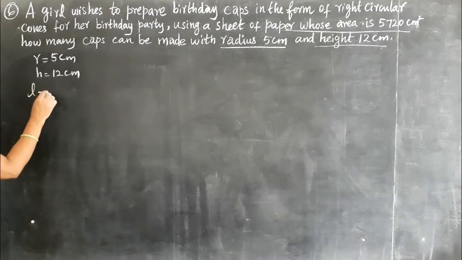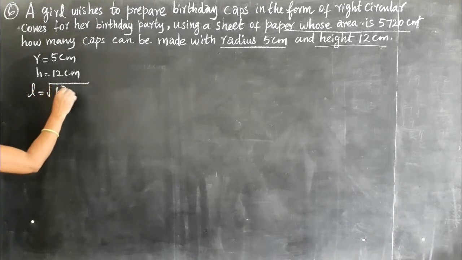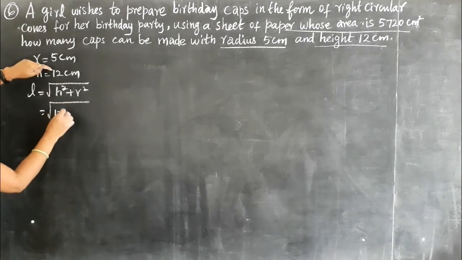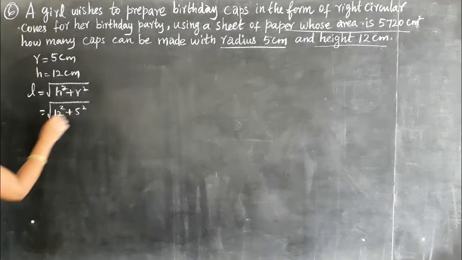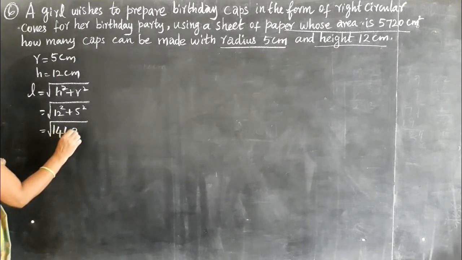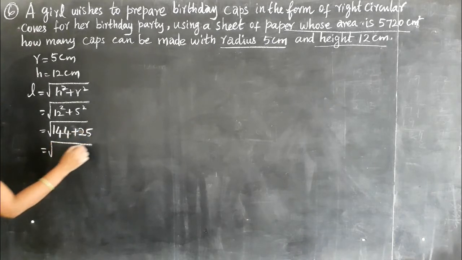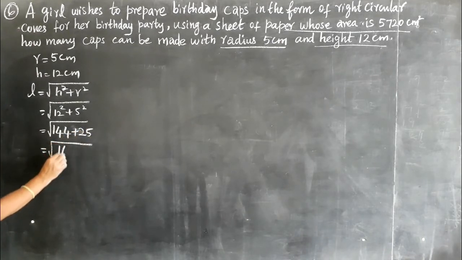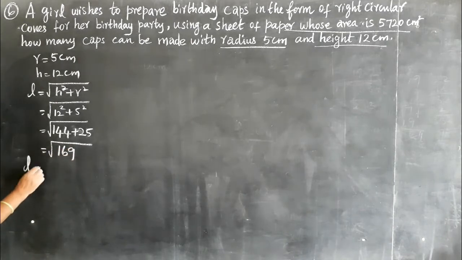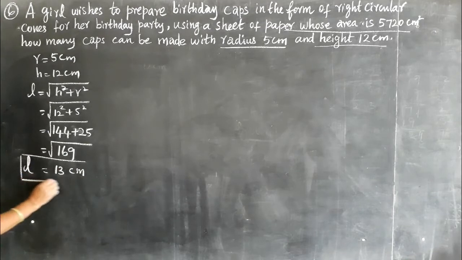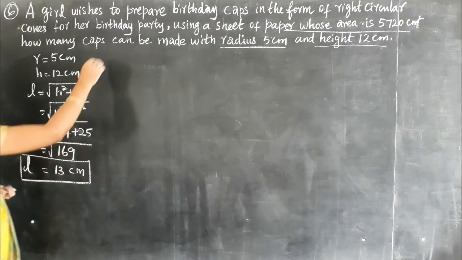So L is equal to square root of H square plus R square, 12 square plus 5 square, 144 plus 25, 169, and therefore L is equal to 13 centimeter. Slant height is equal to 13.